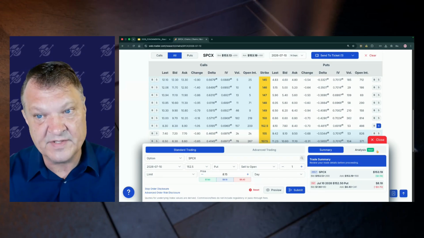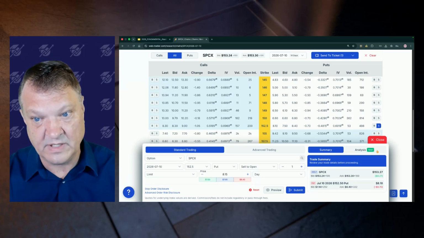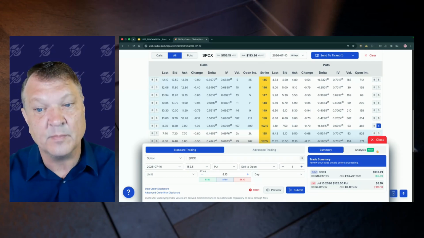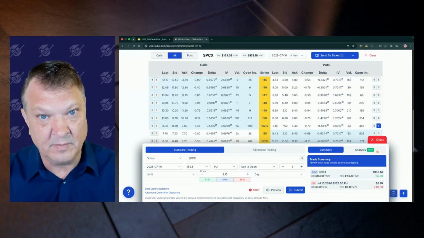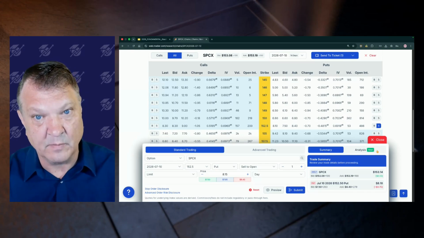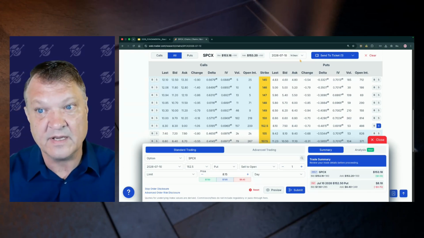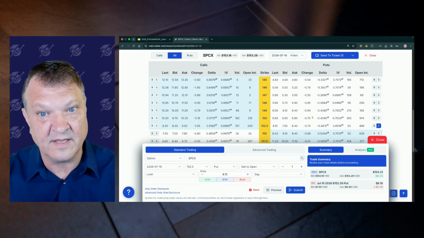And so in this instance, on the SPX trade, with the stock at $153, I'm going to look at selling the $152.50 strike put as opposed to the $150 strike put, mainly because I want to bring in over 5% premium in the next 14 days to the July 10th expiration.